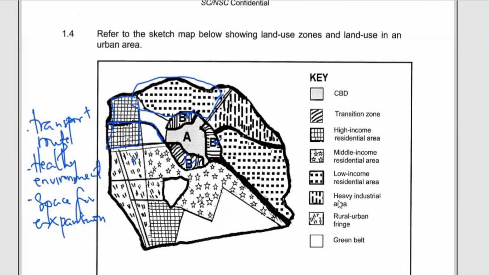Right, when you're talking in terms of advantages, we can try to relate the location of that particular low income area to the industries. We are having a heavy industrial area here, which is just next to the low income area. So it can be an advantage and a disadvantage at the same time for the people staying in the low income residential area.